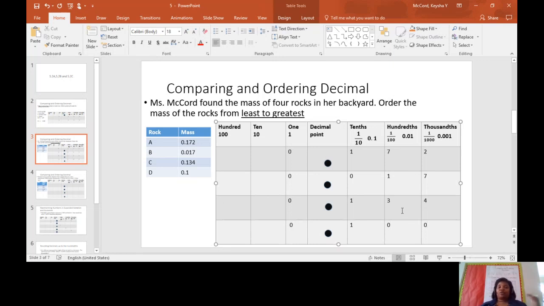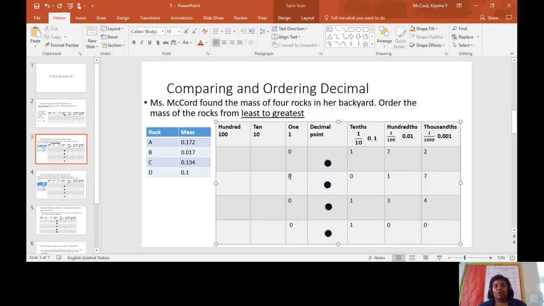Now we can compare and order our rocks from least to greatest. So I'm looking for the smallest number. That's going to be the first number that I want. So I'm going to start comparing 0, 0, 0, and 0. They are all equal. So I have to move to the next place value. 1, 0, 1, and 1. Well, which number is the smallest? 1 or 0? 0.